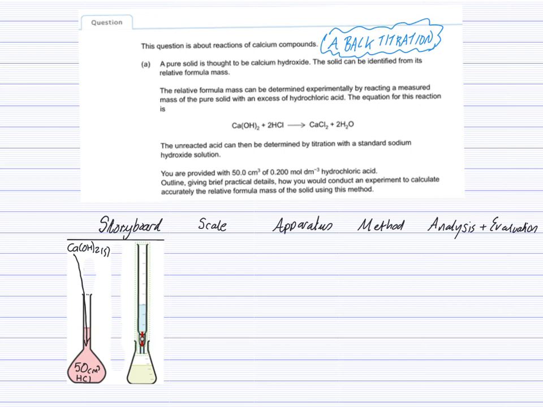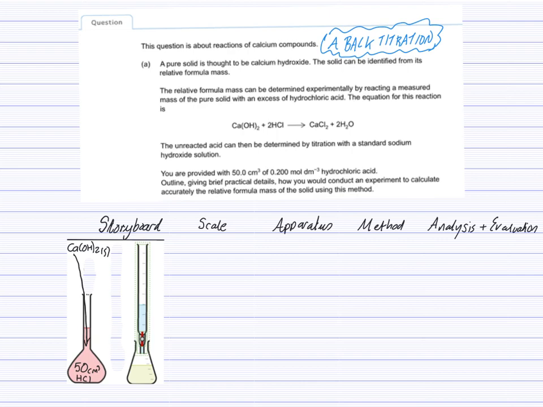So the unreacted acid is then transferred out of the conical flask using a pipette and into a conical flask. It's then titrated with some standard sodium hydroxide solution so we can find out the amount of acid that remains over after it's reacted with the calcium hydroxide.